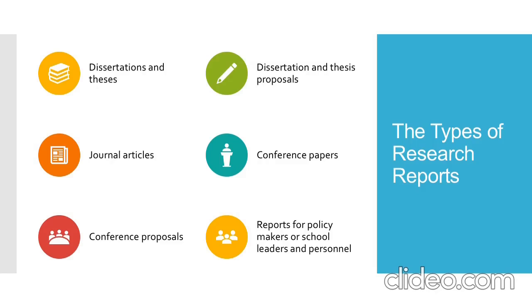The next type involves journal articles, which are prepared for readers of scholarly publications as well as for the editors and individuals who review the study. A journal article is a polished, shorter research report that you send to an editor of a journal.